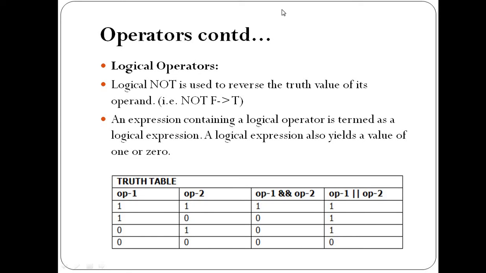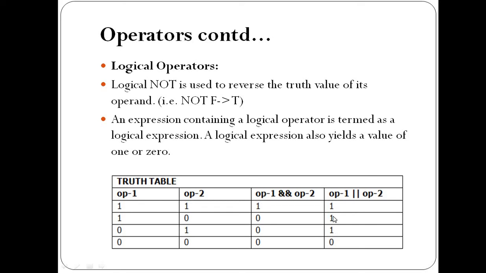So see here the truth table. If operand 1 is 1 and operand 2 is also 1, meaning both are true, then AND is true, OR is also true. If the first variable is true and the second is false, AND is false, because AND requires both to be true, and only then will it return true, otherwise it will return false.